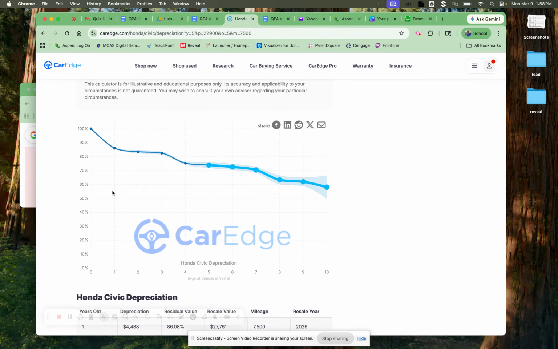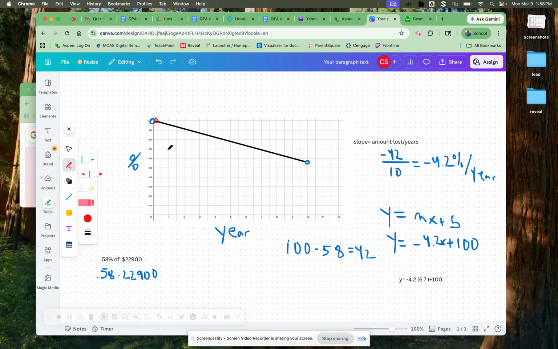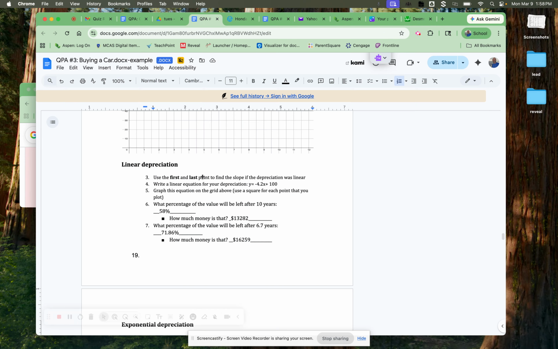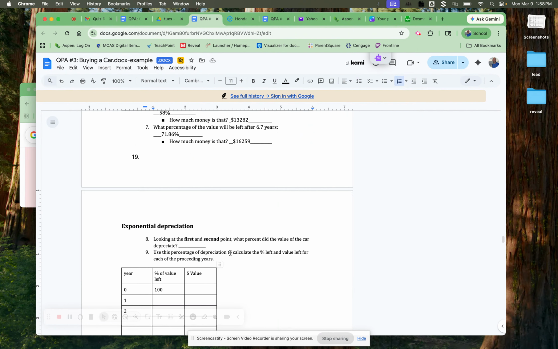And then my second point is going to be right here. After 1 year, it's going to be 86%. So after 1 year, I'm going to put an 86%, and I'm going to put a little triangle. That's going to be the percent.